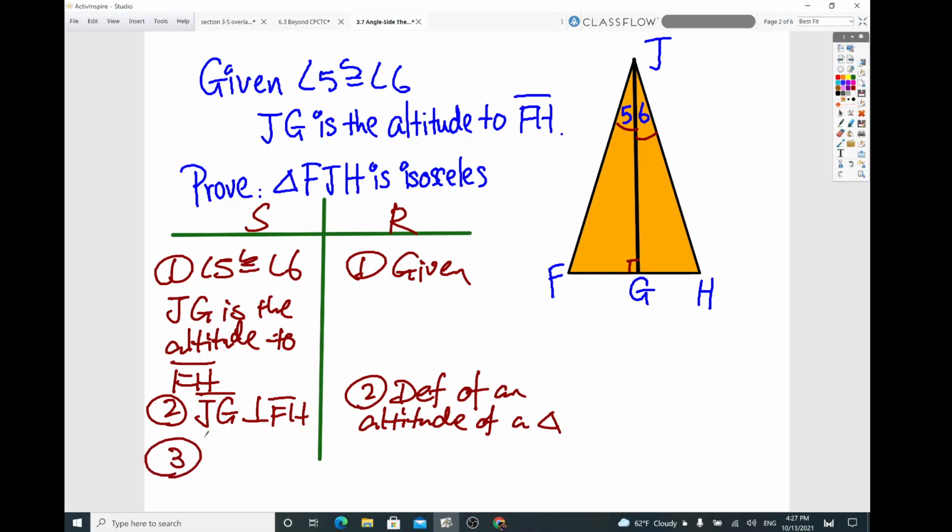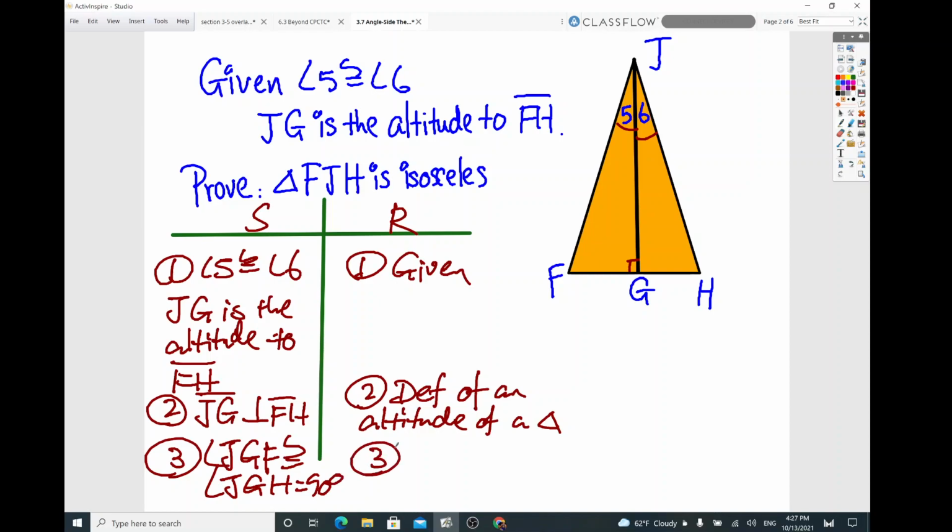And then another thing that I can state here is that angle JGF is congruent to angle JGH, which equals 90 degrees.